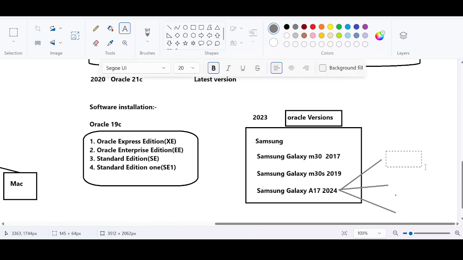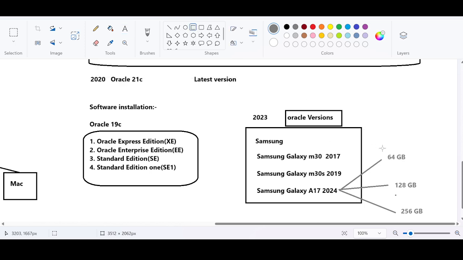One variant has a storage capacity of 64 GB, another variant is 128 GB, and another variant is 256 GB. He showed me three different variants.